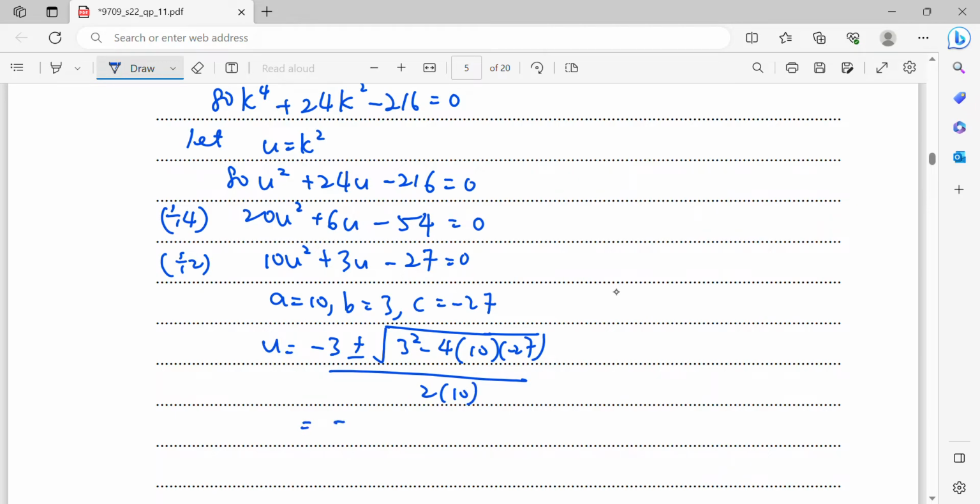Okay, so I will get minus 3 plus minus the square root of 1089 over 20.